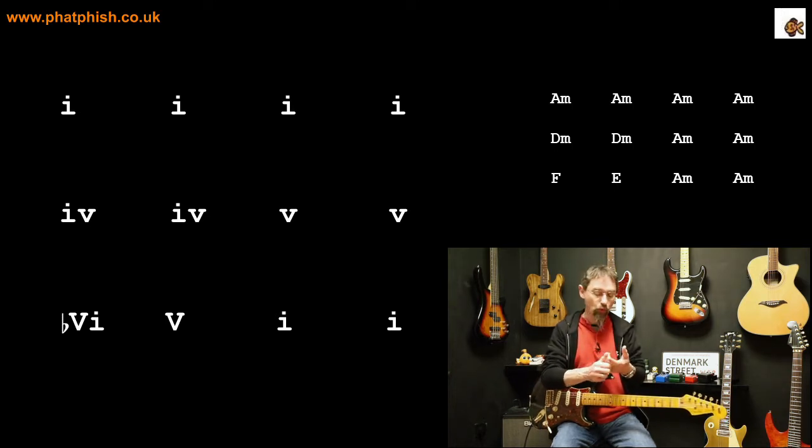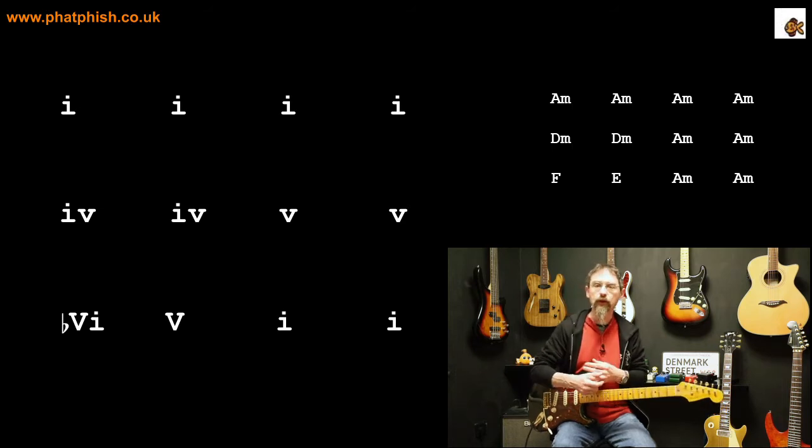Then 2 bars of the 4 chord, D minor, back to 2 bars of the 1 chord, A minor. No change there. It all gets interesting in the next 2 bars, where instead of going up to the 5 chord, we actually go to a 6 chord.